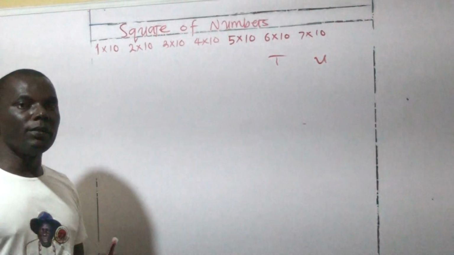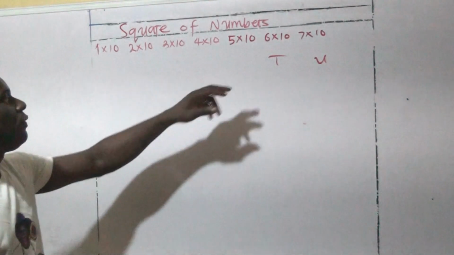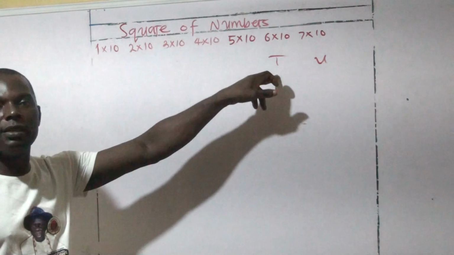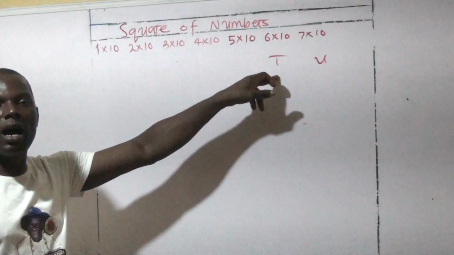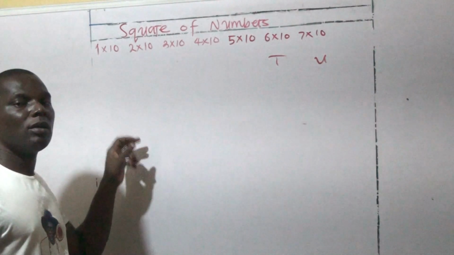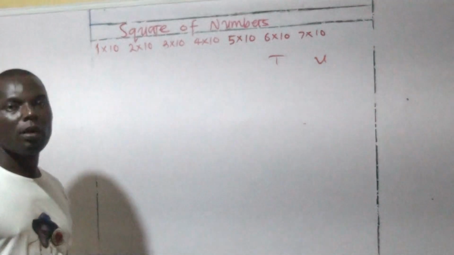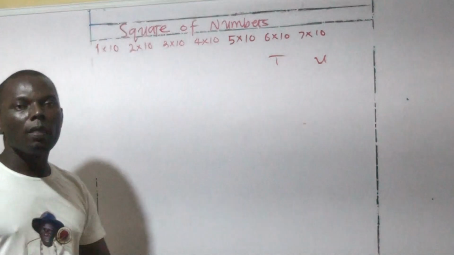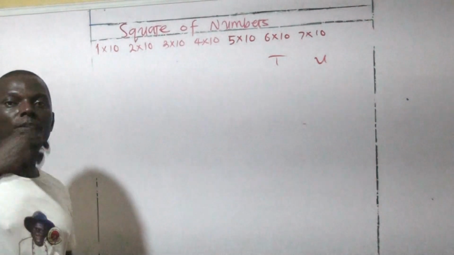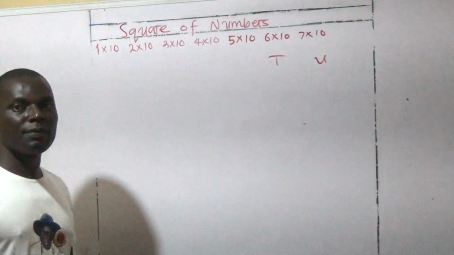That becomes step 3. So the result obtained in step 3, you look for the face value, which number multiplied by the tens digit gives the result there. You use that number to multiply the result in step 3 to give you step 4. The next step, step 5, is for you to find the square of the unit digit.